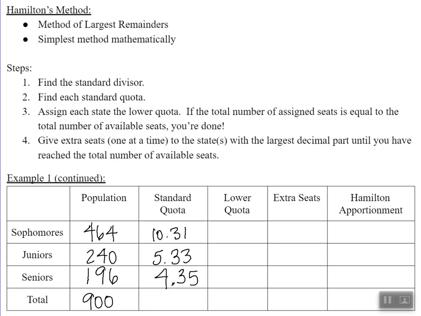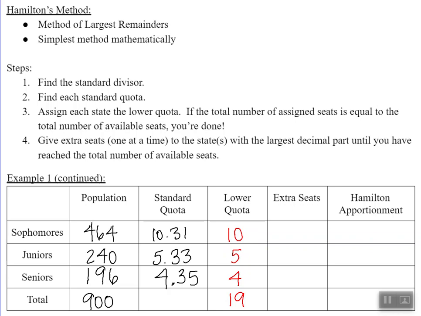So now I am going to assign each grade level their lower quota, which means I'm going to round all of these standard quotas down. Now, that is only 19 seats. We need one more seat.